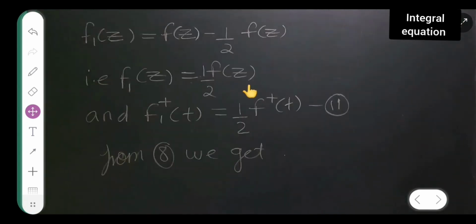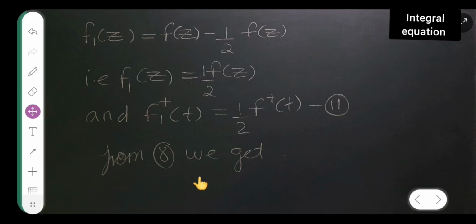Now, after this step, f1 of z is equal to half f of z. I told you all how I got this. Now just make this as plus and then replace this by t. Wherever there is z, just put t, okay? And f, I have to change it into plus. So f1 plus of t is equal to half f plus of t, and consider this as equation 11, okay?